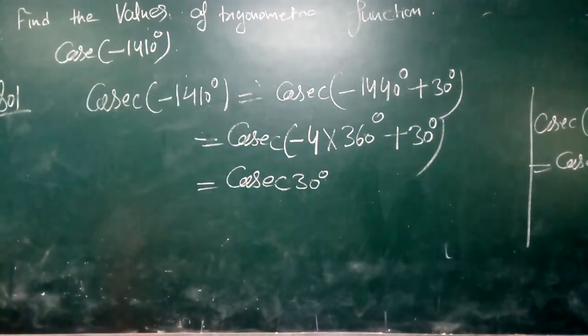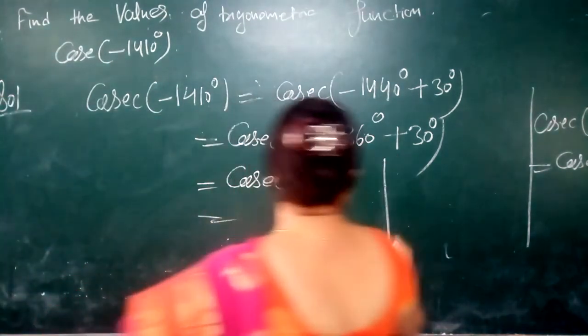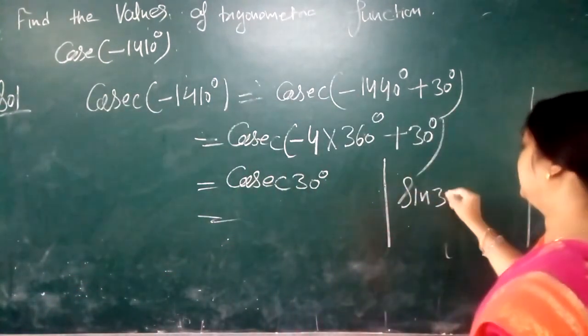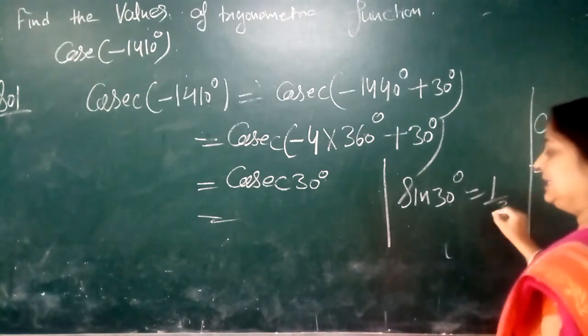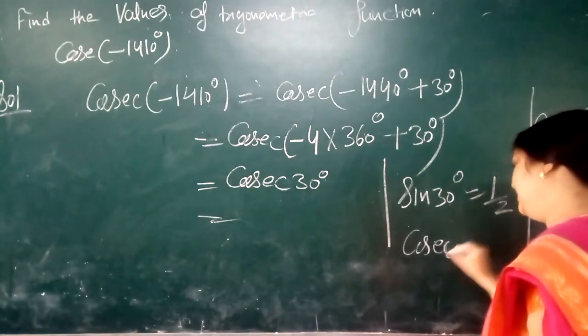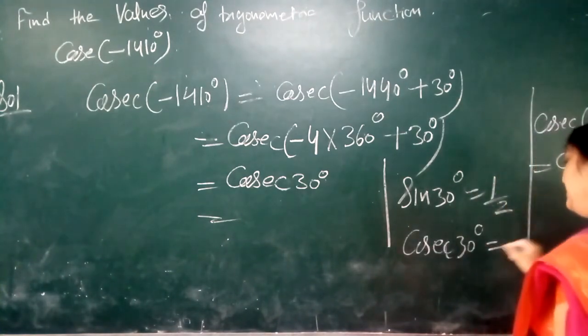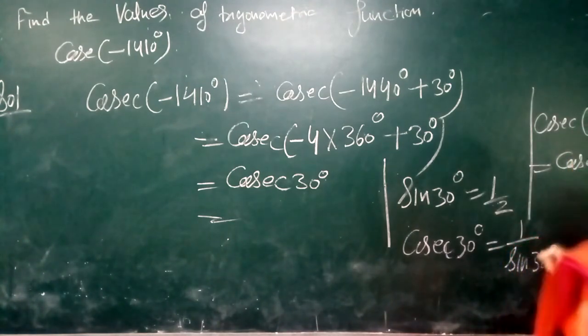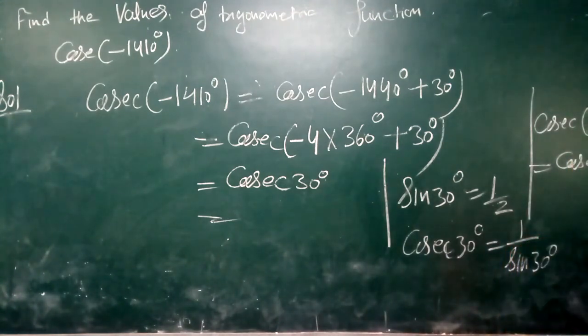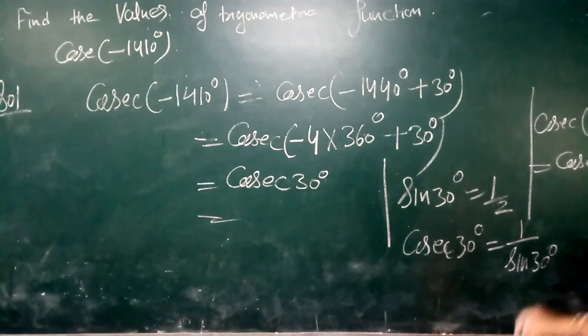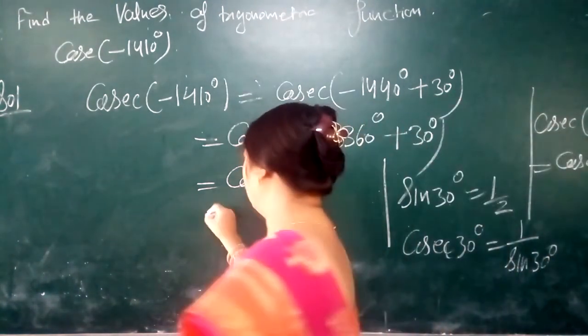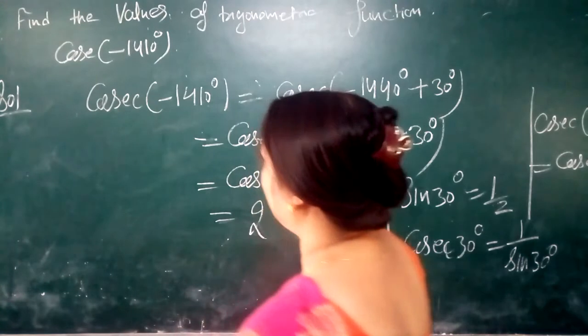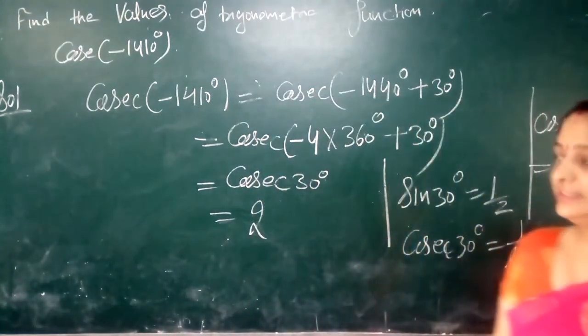The value of sine 30 degree is 1 by 2, and cosec 30 degree is 1 upon sine 30 degree, so it will come 2. So this is the value of cosec 30 degree, that is 2.